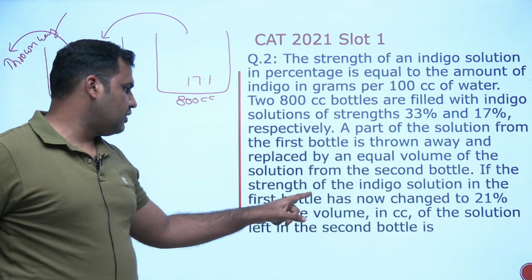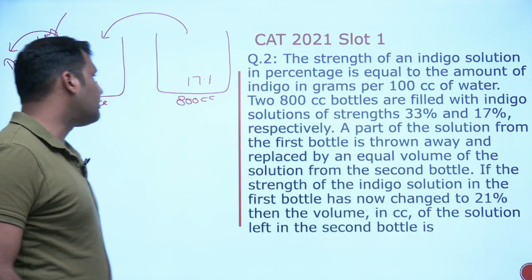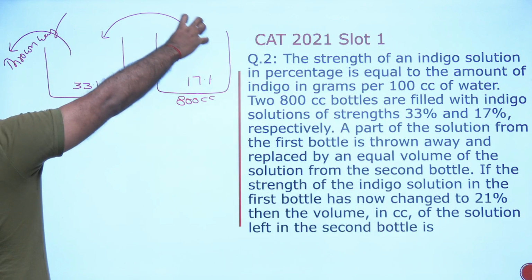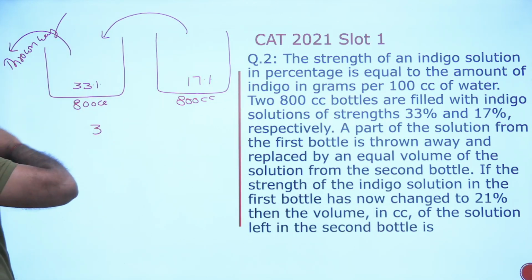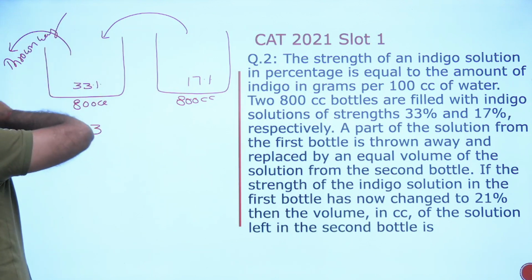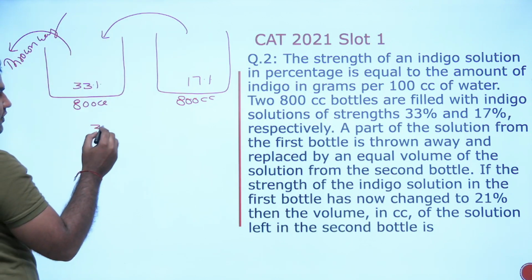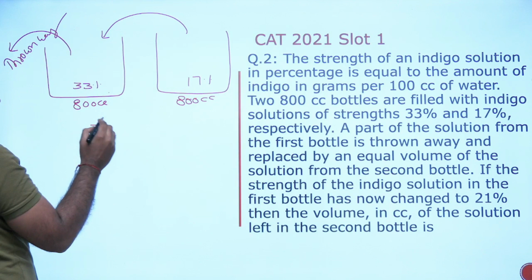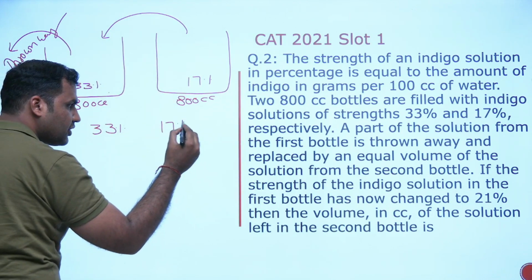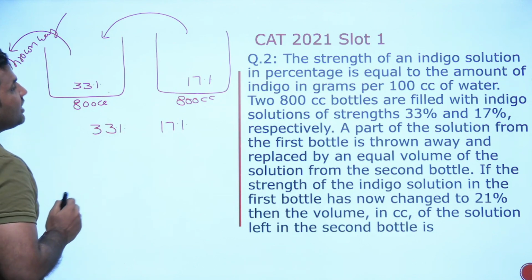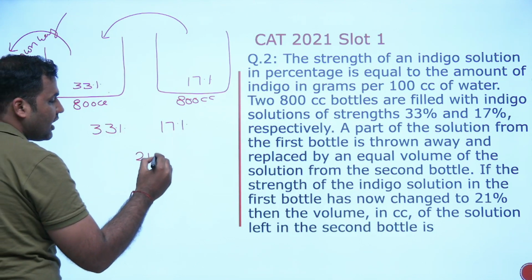If the strength of the solution in the first bottle has now changed to 21%. That means ये concentration इस solution से लेने के बाद जितना quantity आपने throw किया, उतना quantity आपने यहाँ से shift किया. So ये bottle के अंदर 33% वाले solution में आपने 17% वाला solution डाला, and the resultant value that you're getting is equivalent to 21%.